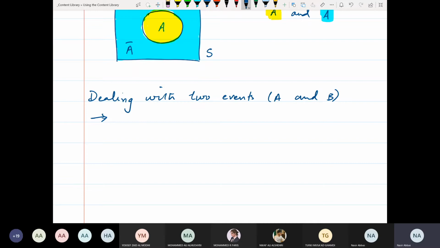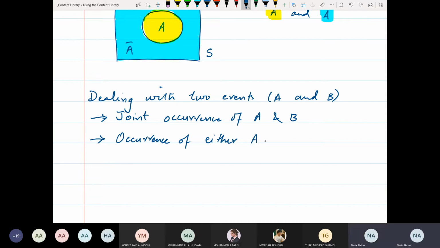Your interest may lie in joint occurrence of A and B, or your interest may lie in occurrence of either A or B.